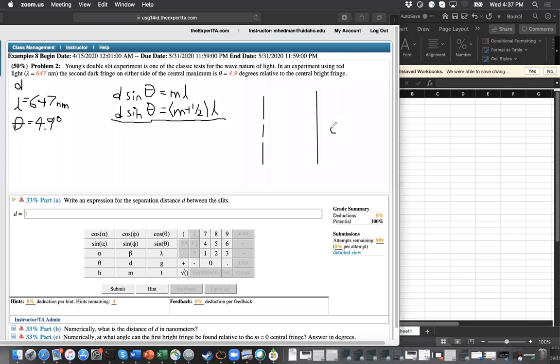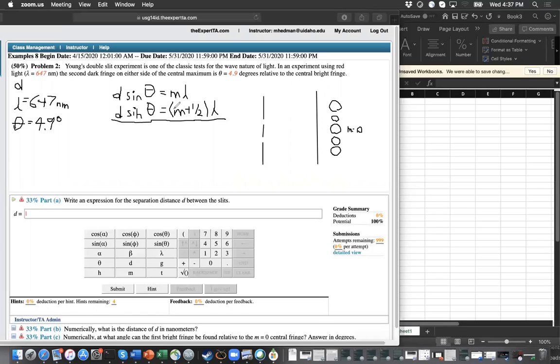We always have a bright central dot, that's the 0th fringe. Then we have the next dot, and another bright dot, and they would normally be the same size. So this corresponds to the m equals 0 bright fringe for this expression. This is m equals 1, this is m equals 2, this is m equals -1, this is m equals -2.